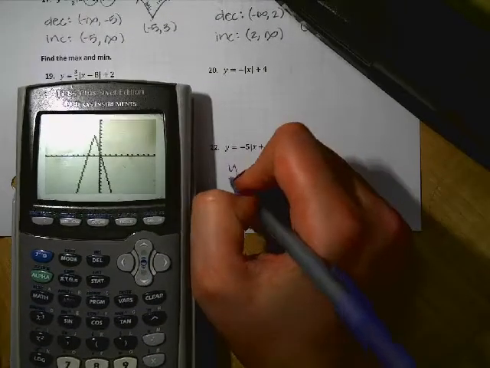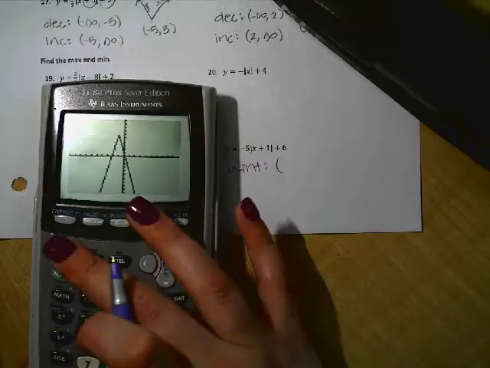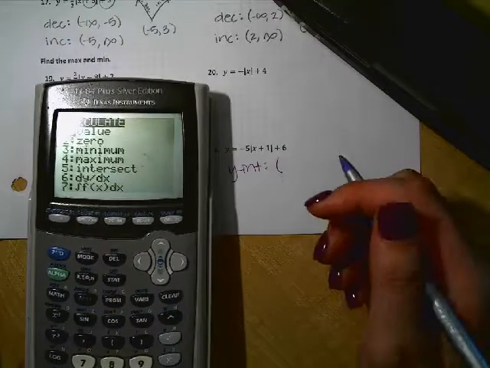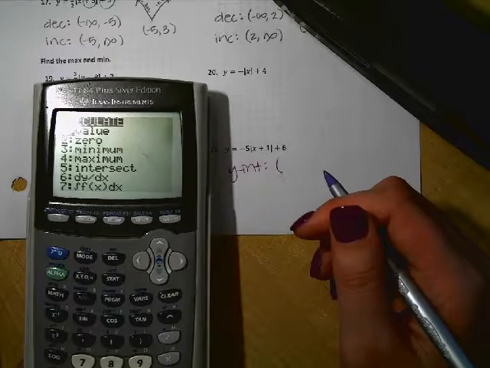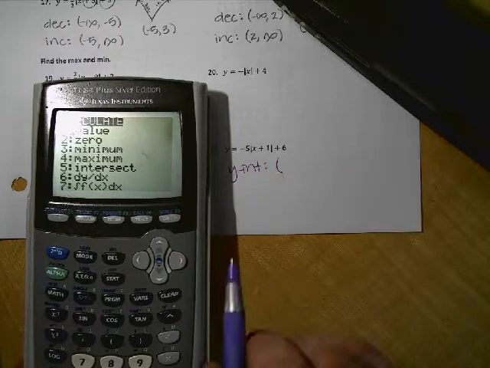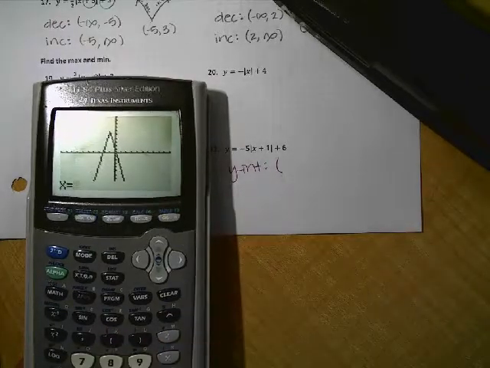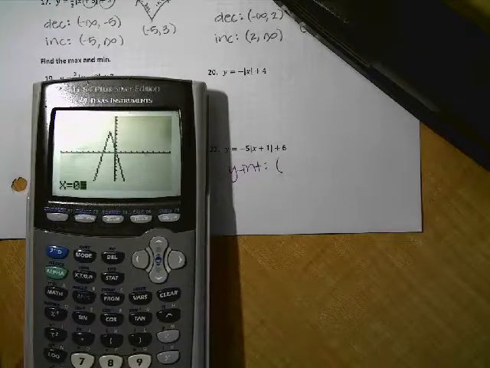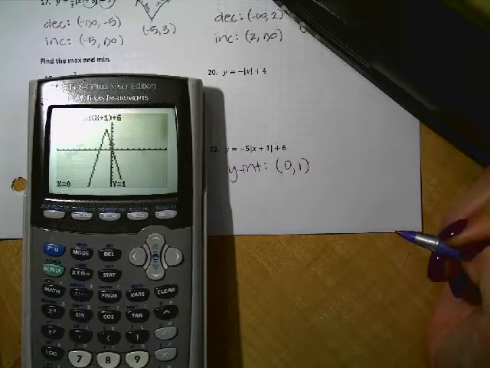All right, so y-intercept. I do second trace. Anybody? Second trace for y-intercept? Number 1. Oh, number 1. And I plug in 0 for the y-intercept. So my y-intercept is the point 0, 1.